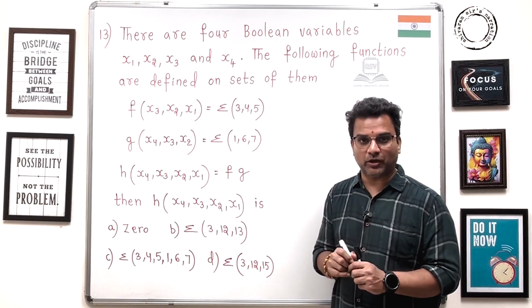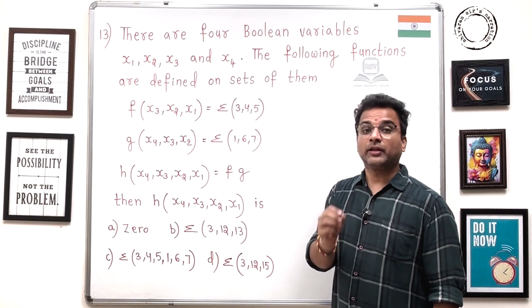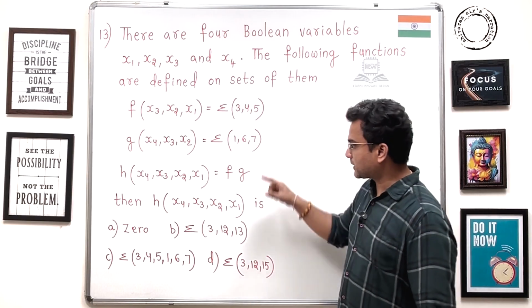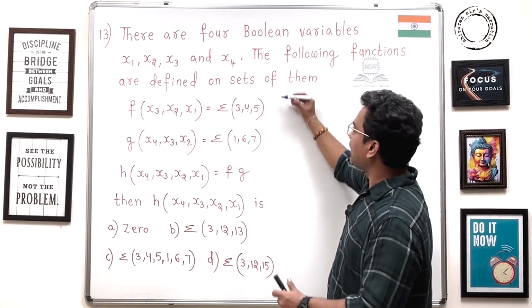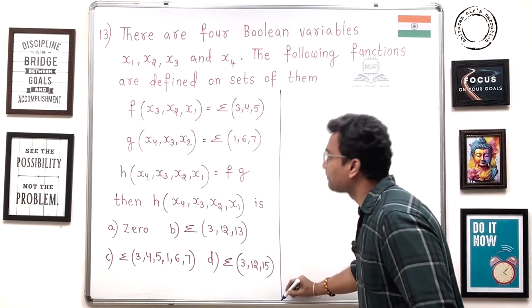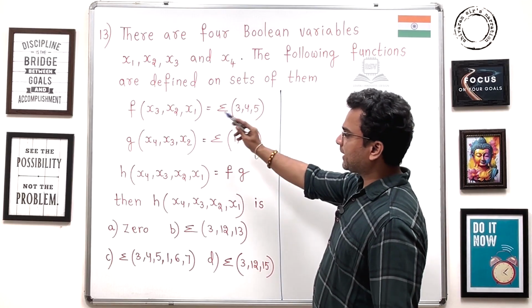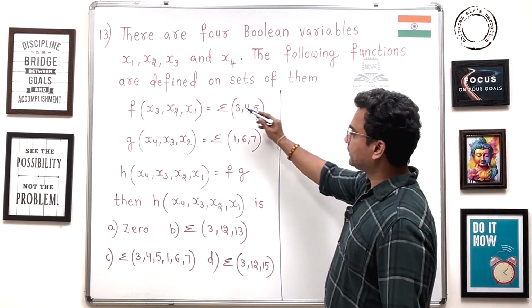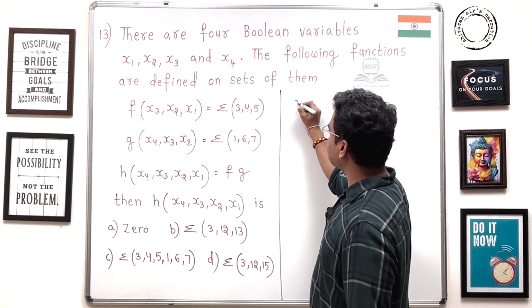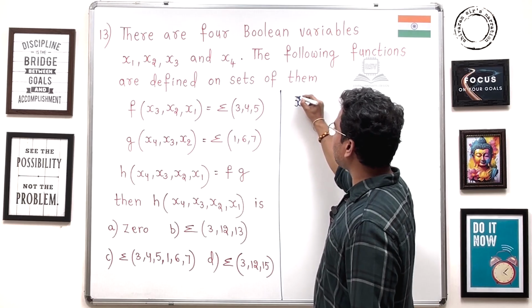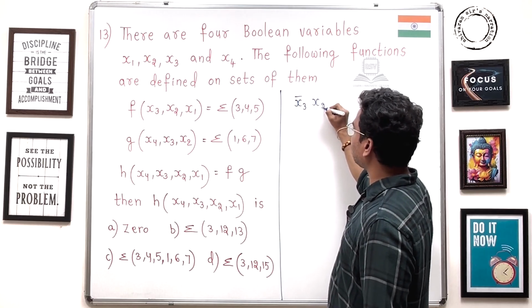Guys, first of all, we need to find out the minterms corresponding to these particular numbers. Okay, so let's enter into the solution. If it is x3, x2, x1, then 3 will be 0, 1, 1. Hence, it is x3 bar, x2, x1.